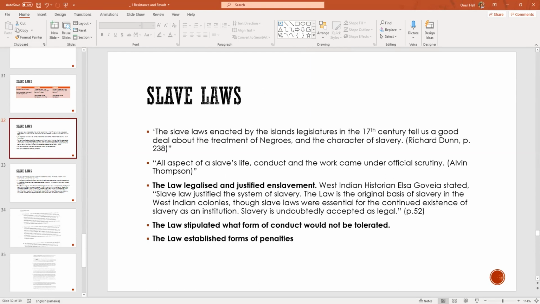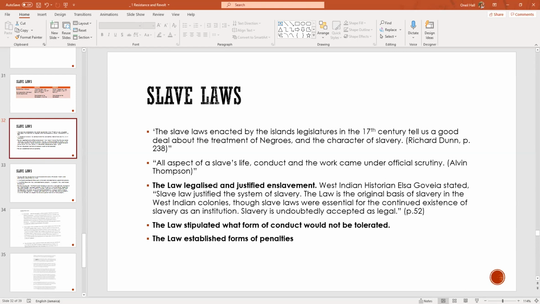Somebody, could you read this point for me, please? The law legalized and justified enslavement. West Indian historian Elsa Goveia stated, slave law justified the system of slavery.